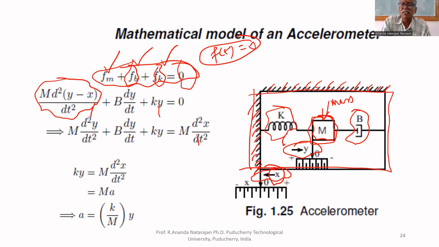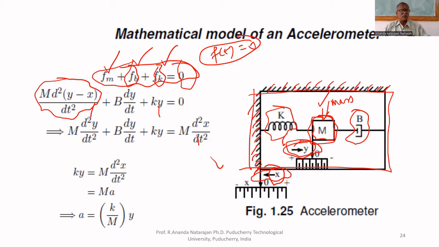That's why this y direction is mentioned in the opposite direction. So both are in the opposite direction. Same direction means we subtract, but here it is the opposite direction. What is the net displacement of this M, x minus y or x plus y?